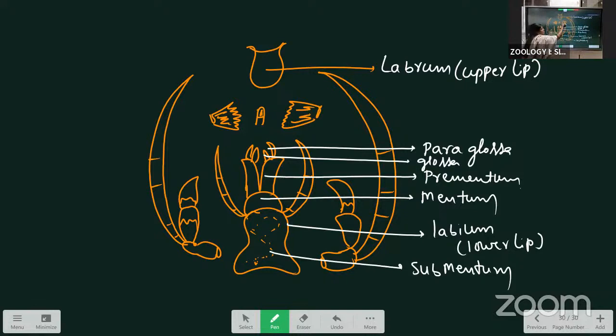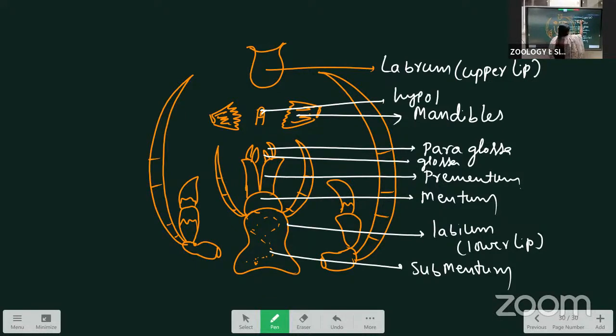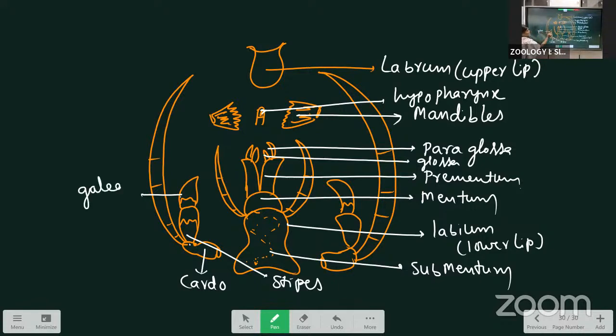Next, in the middle, the sharp teeth-like structures are called the mandibles. The center, hypopharynx. Cardo, stipes, galea, lacinia.